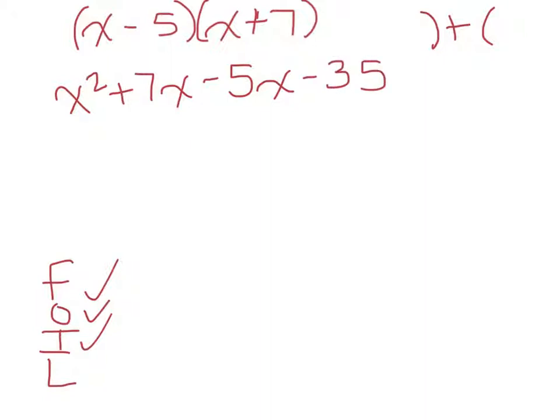Now, just like we did in the last problem, when adding and subtracting polynomials, we need to combine our like terms. So here, in our rough draft of an answer, we have a 7x and a negative 5x. So we need to combine those. Those are the only two like terms in our rough draft. So 7x and negative 5x gives us positive 2x minus 35. So that would be your final answer then for this problem.